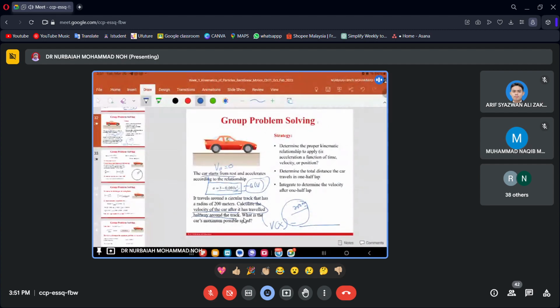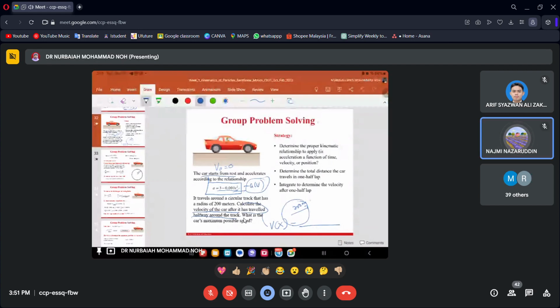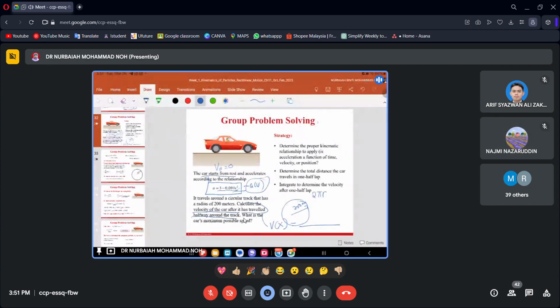Macam mana formula untuk dapatkan lilitan bulatan ni? Apa formula? 2 pi r. Itu kalau complete one circular kan? Kalau halfway bahagi 2. So maksudnya x is equal to pi r.